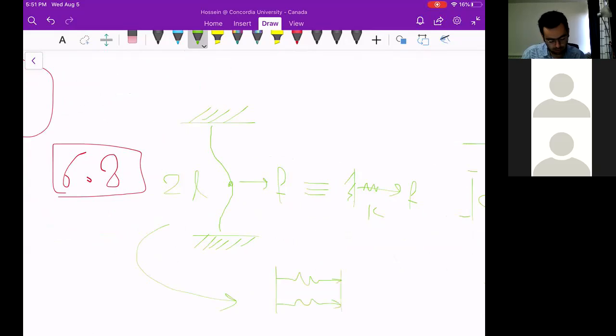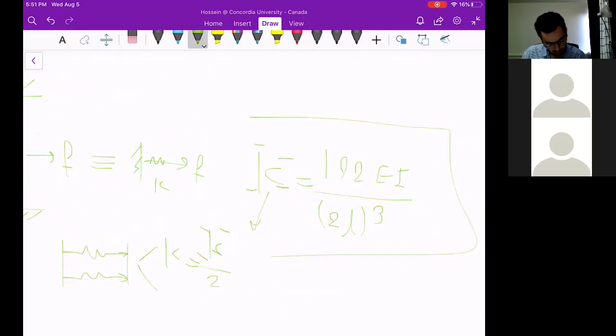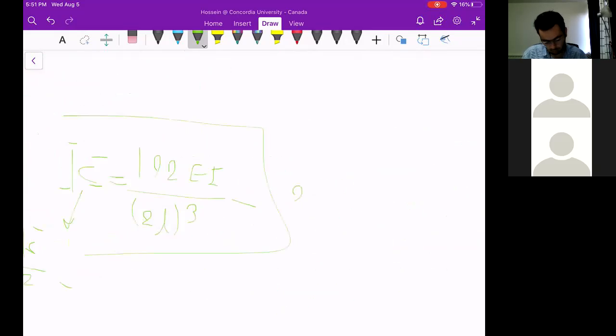So for the two parallel springs, K is K hat divided by 2, K hat we obtained here. This is going to be 24 EI over L cubed. This is going to be 12, right?